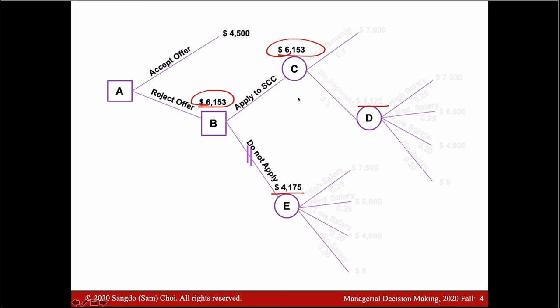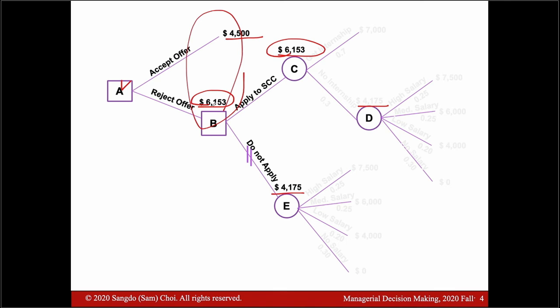Now we are done up to decision node B. Next you face decision node A, where you have to consider these two values. You have 6,000 and 4,000, right? Out of this, which one is better?